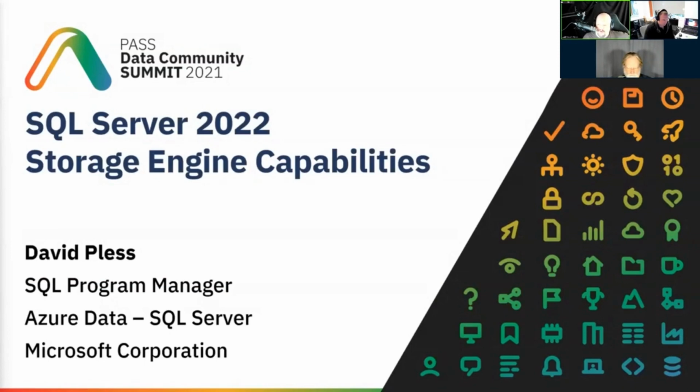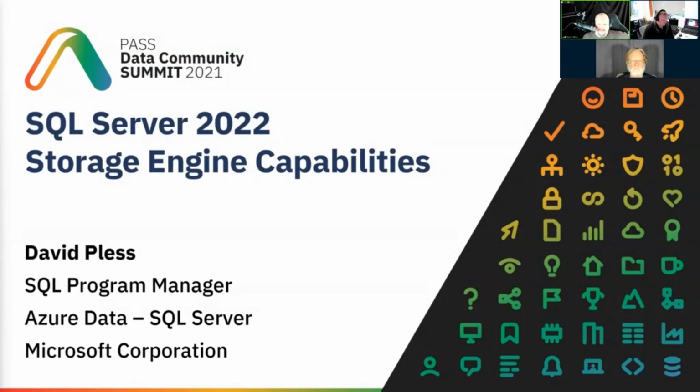This session is titled SQL Server 2022 Storage Engine Capabilities, specifically focused on the new storage engine features in SQL Server 2022. We're going to focus on many of the storage improvements around performance and scalability, such as system page latch concurrency improvements, advances in capacity management and maintenance, and enhancements to SQL Server scalability for systems with large memory and processing power.